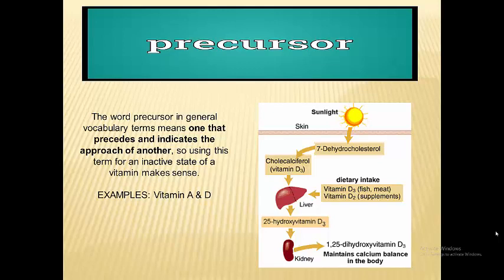And the liver converts it into another fancy name, 25-hydroxyvitamin D3. Then that goes, let me head on over to the kidneys, and the kidneys go, let me convert you again into another fancy form, 1,25-dihydroxyvitamin D3, which you call active vitamin D. That's the vitamin D that does stuff, like helps you absorb calcium so you have strong bones.